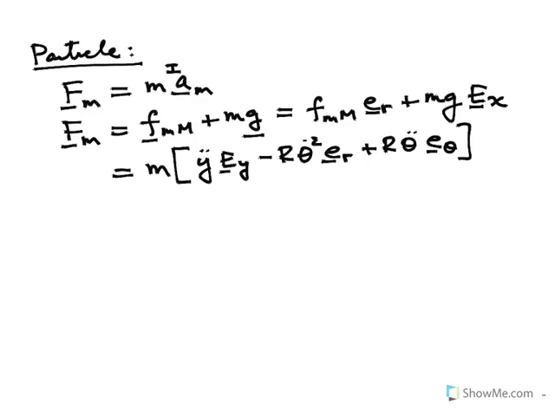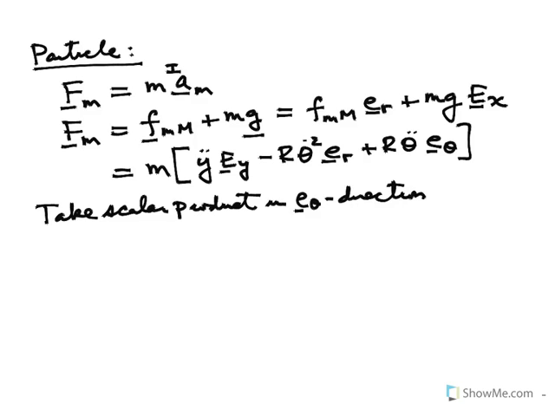So now we can look at this and we can see that this particular unknown force lies in the direction of e_r. So what we want to do is take the scalar product in the e_theta direction. And what does that do?